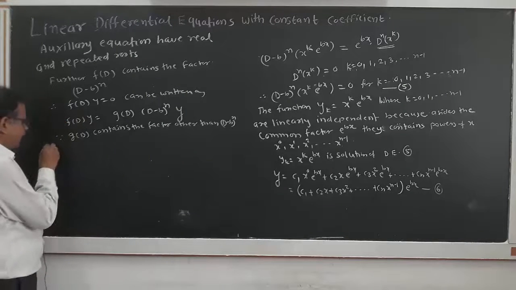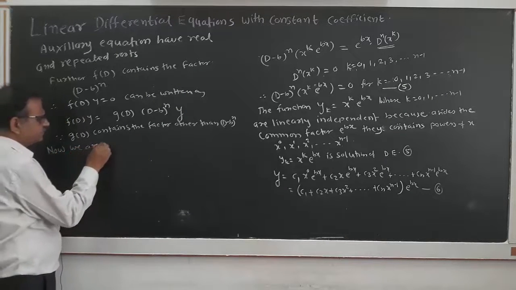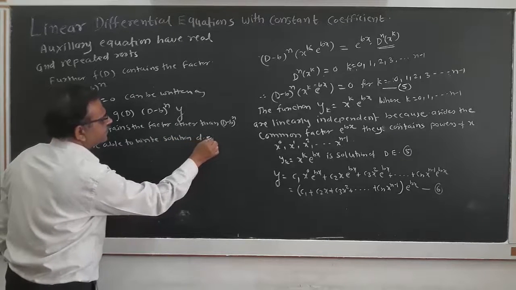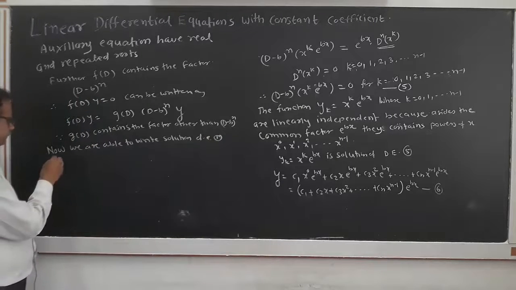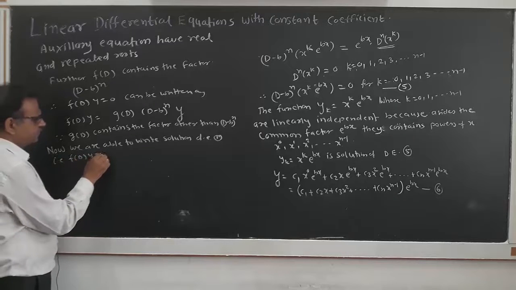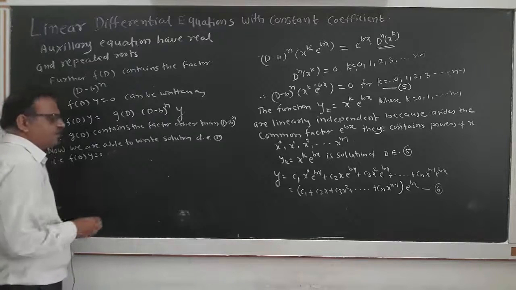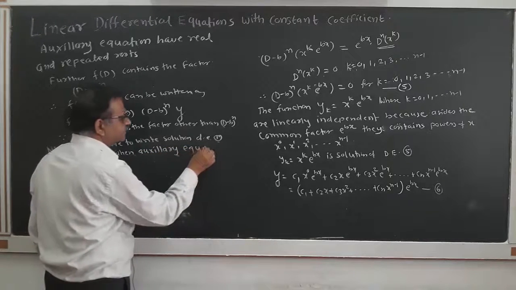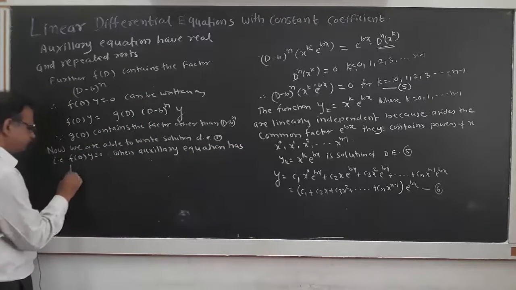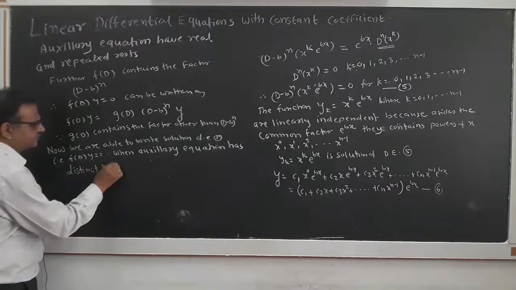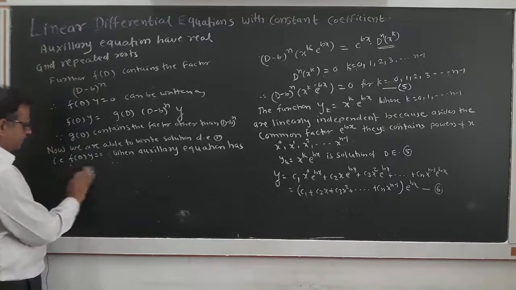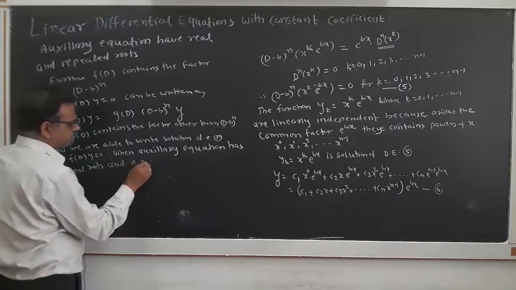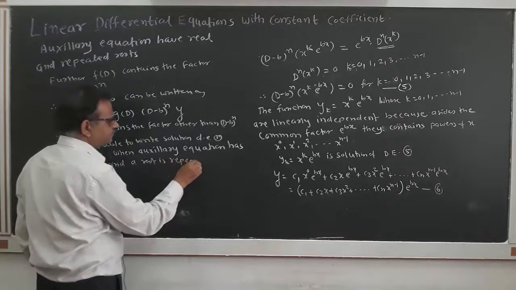Now, we are able to write the solution of differential equation 1, that is f(D)y equal to 0, when the auxiliary equation has real roots and a root is repeated n times.